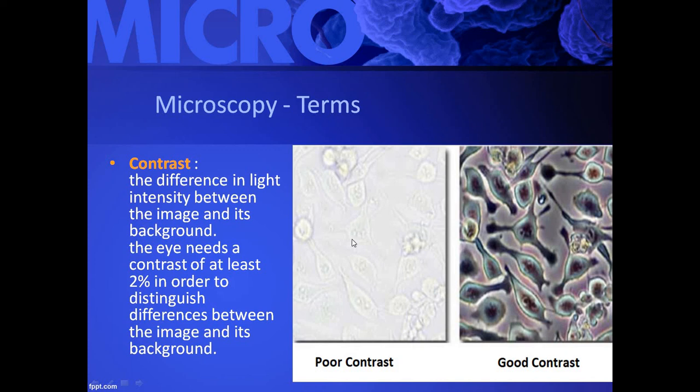The poor contrast because the colors are so similar that the eye cannot distinguish them apart. While here in this micrograph, we have a good contrast, even though both of these are taken by the same, let's say, general type of microscopes, compound light microscopes, but this one has a good contrast, while this one has poor contrast.